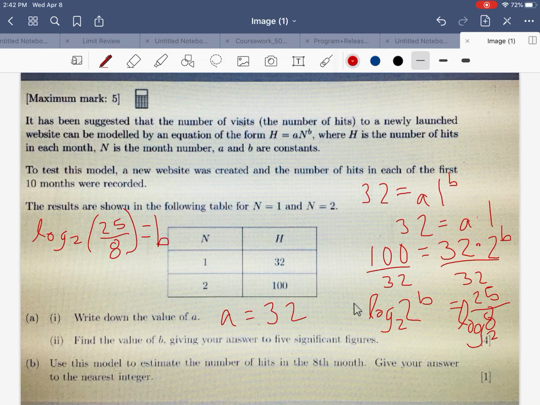So in order to do that, we're going to do a change of base so we can use Google Calculator.